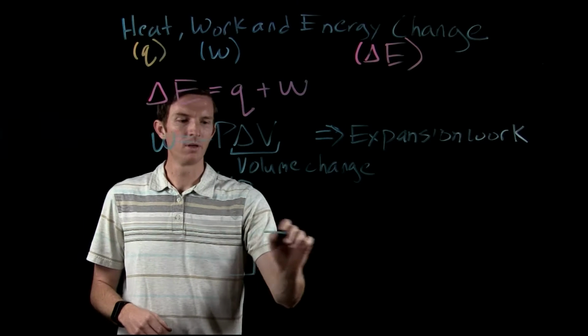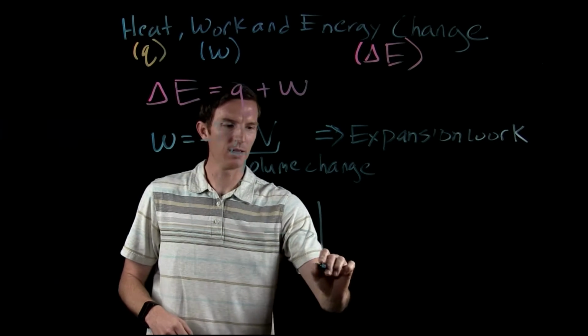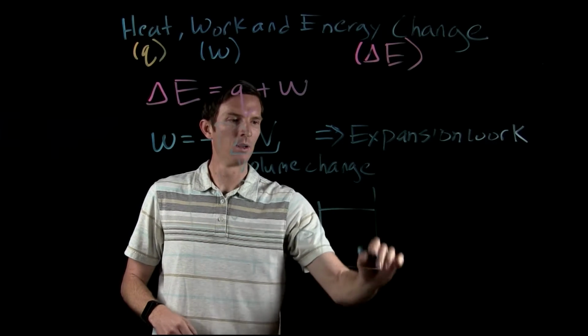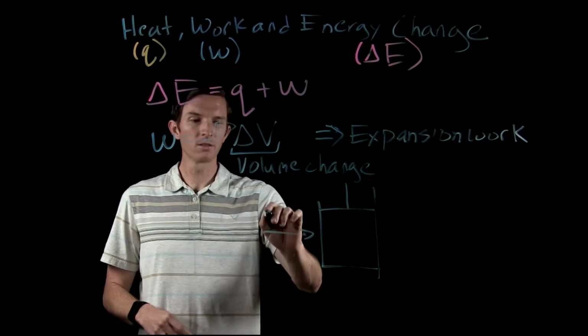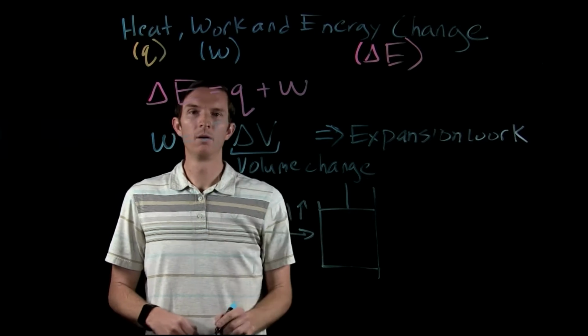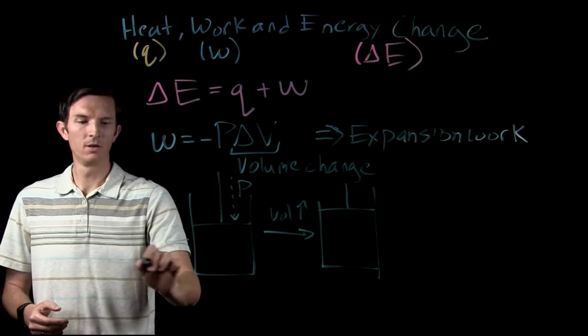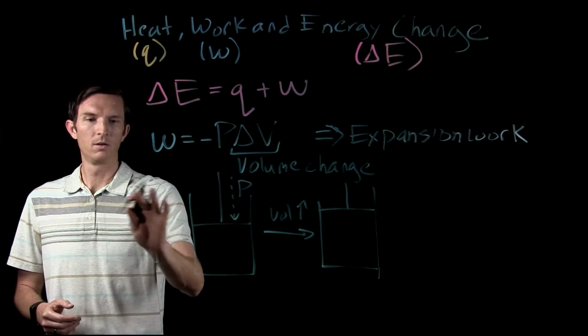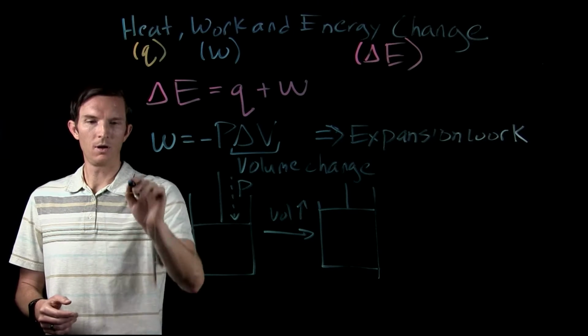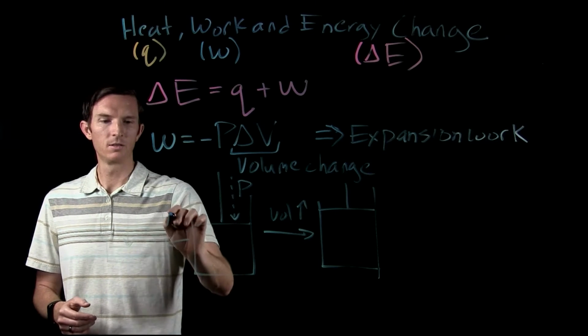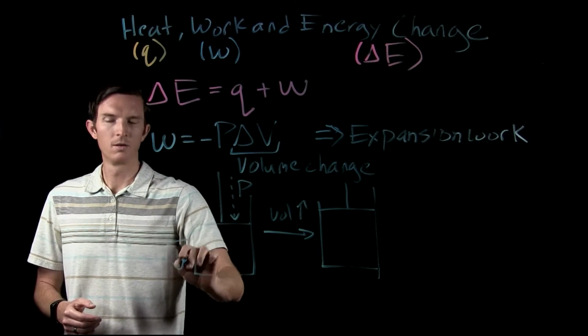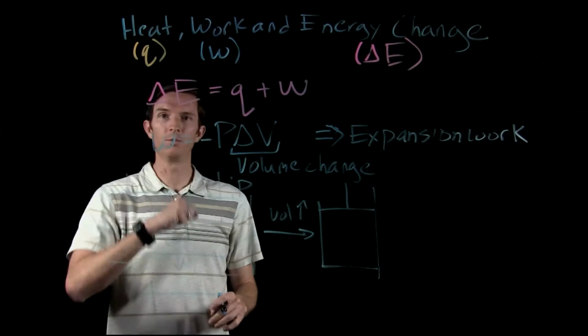Well, we can see that we can have our volume increase, and we're going to talk about what that means. And we can also have our volume decrease. And what does that mean with regards to work?